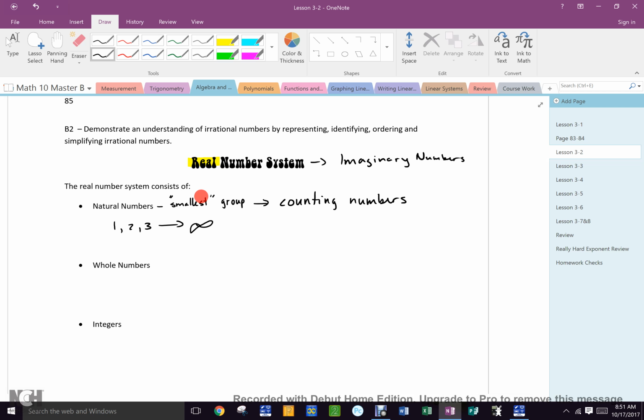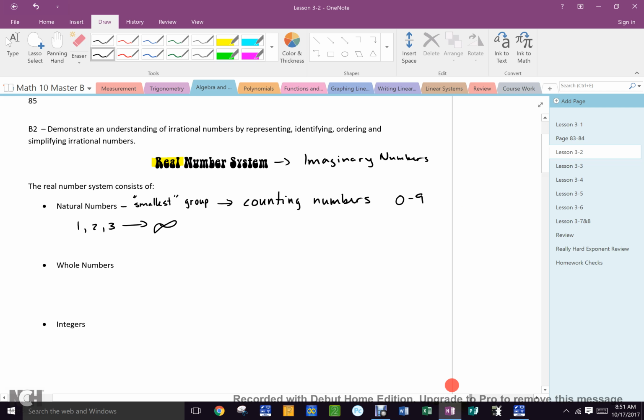Everybody cool with that? Now, one of you said there's 10, right? You're absolutely right, because we count in base 10, don't we? We count 0 to 9, and then what's the next number? 10. And we write it as one group of 10 with 0 left over.